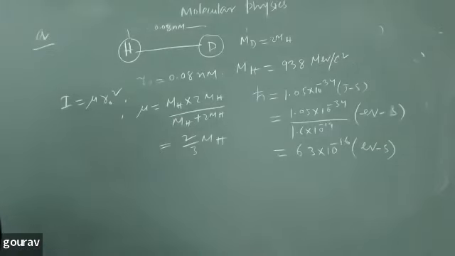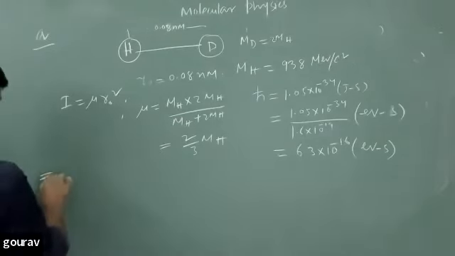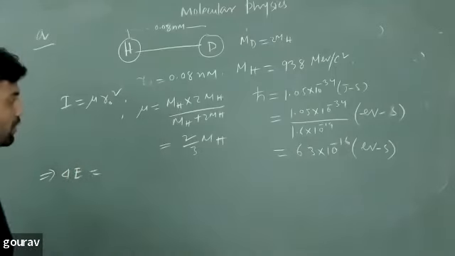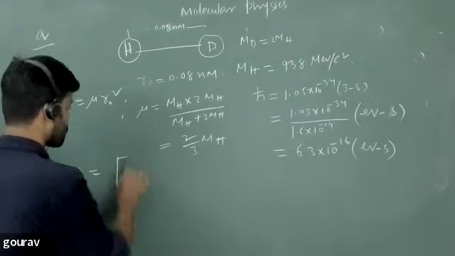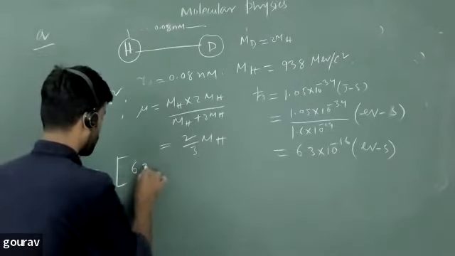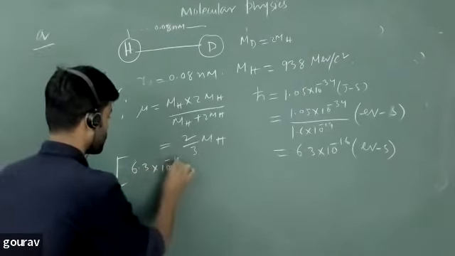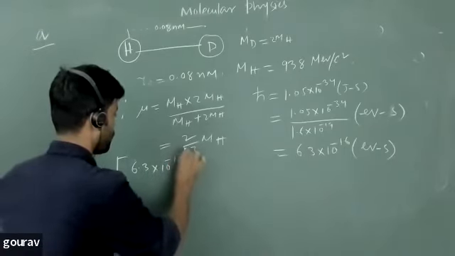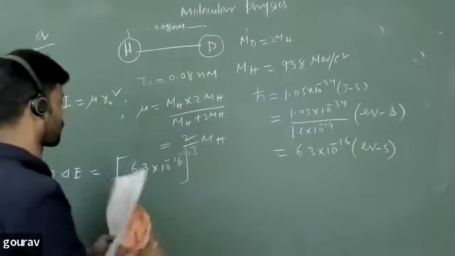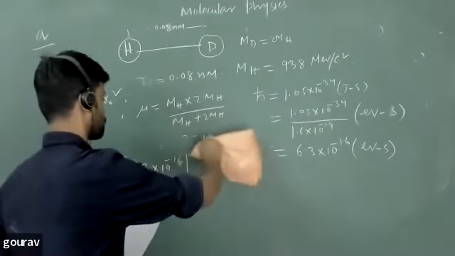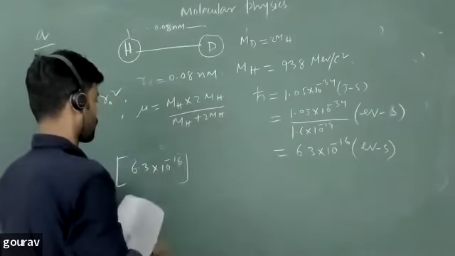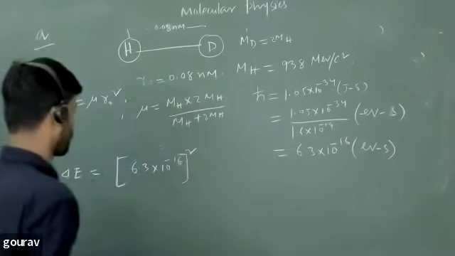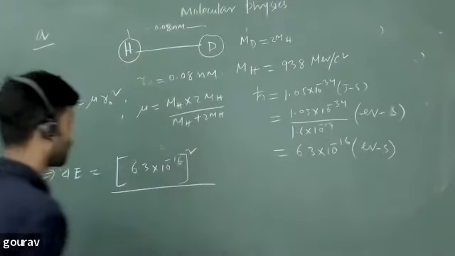Now I'll substitute everything. So the delta E will be now H cross E square. So obviously this will be 6.3 into 10 to the power minus 16 square, divided by 2I.